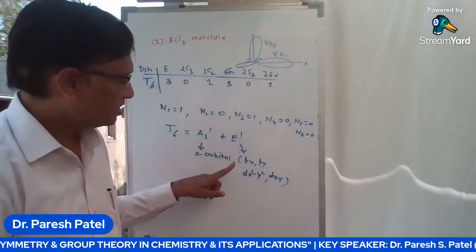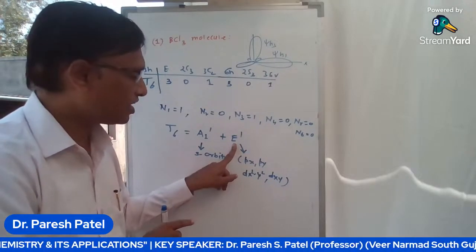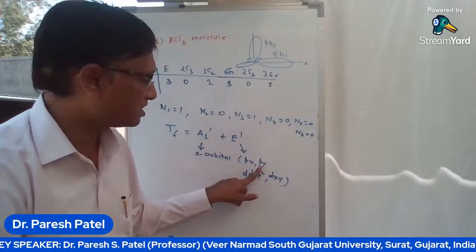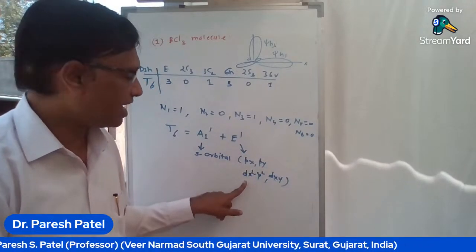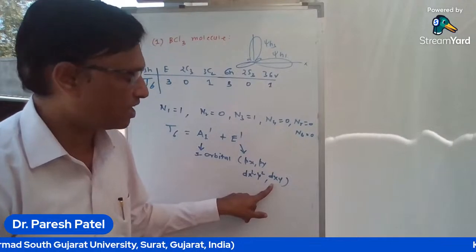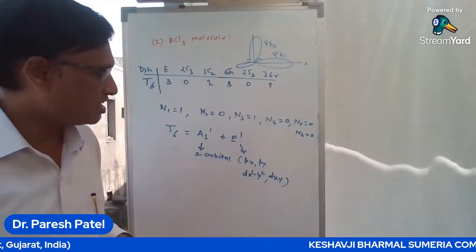Dear students, if we look at the character table of BCl3, in the third area x and y are written. It means this is the contribution from px and py, and in the last column it can be considered as x square minus y square and xy. It means that is the contribution from dx square minus y square as well as dxy.